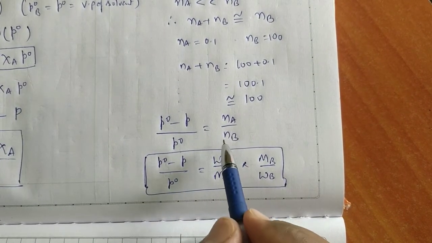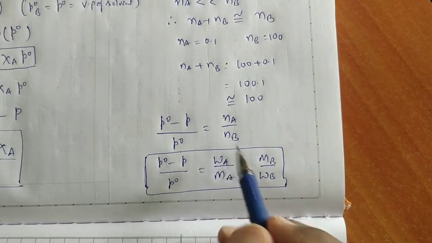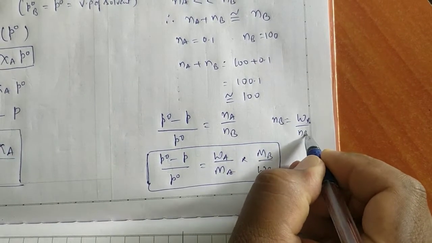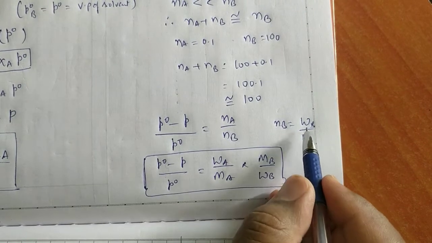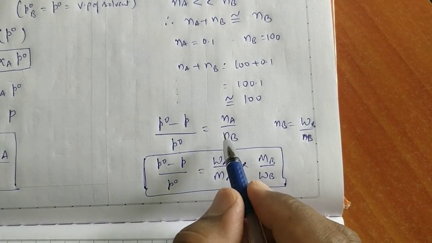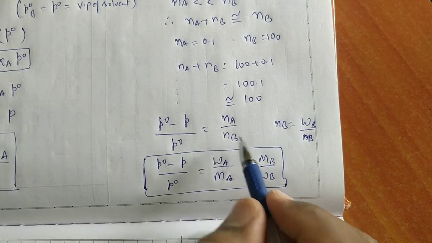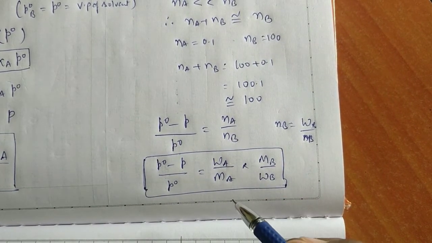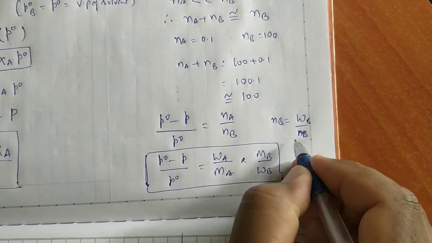Nb can be written as Wb by Mb. If you substitute these values here, it will become W by Mb. That Mb will go to numerator and Wb will remain as denominator only. Is it okay? Nb is equal to W by Mb.